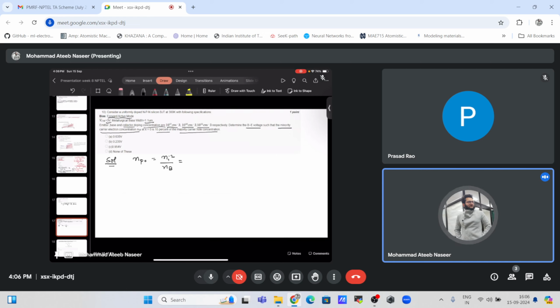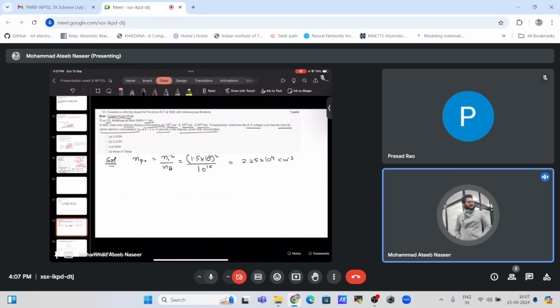Ni squared is 1.5 into 10 to the power of 10, squared, divided by Nb, the majority base doping concentration of holes, which is 10 to the power of 16. 1.5 squared is 2.25, so it is 2.25 into 10 to the power of 4 per centimeter cube.